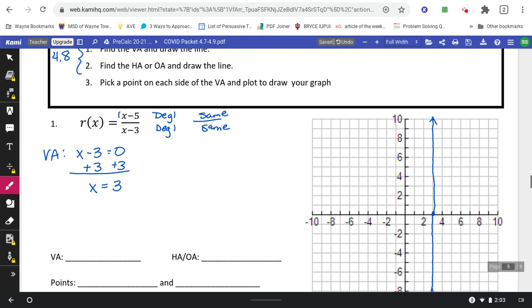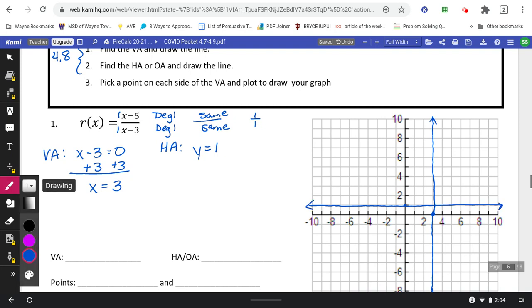The coefficients are going to be the 1 and the 1 in front, and 1 divided by 1 gets me 1. That's going to be my horizontal asymptote. So I'll go over to my graph, go up to 1, and draw a horizontal line. So those are the 2 things we learned yesterday.